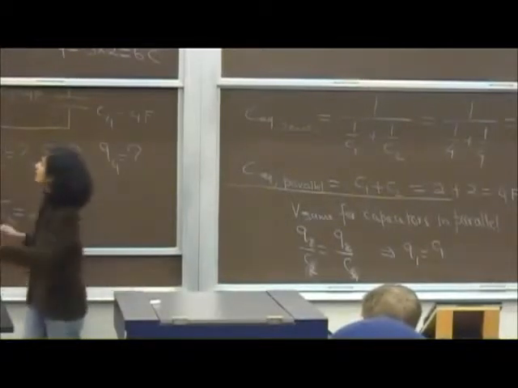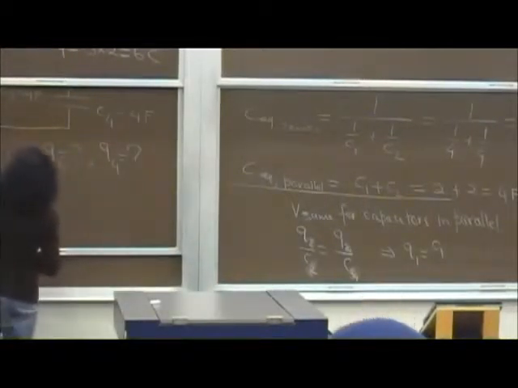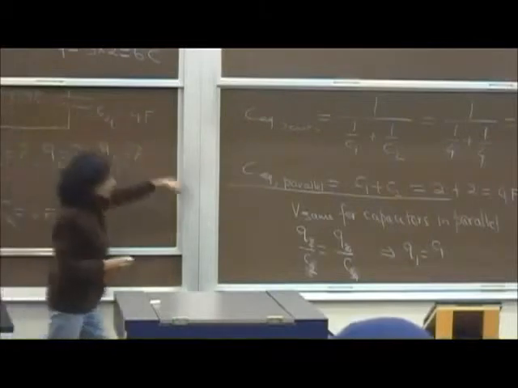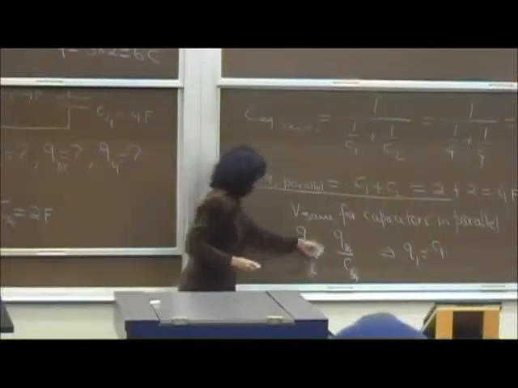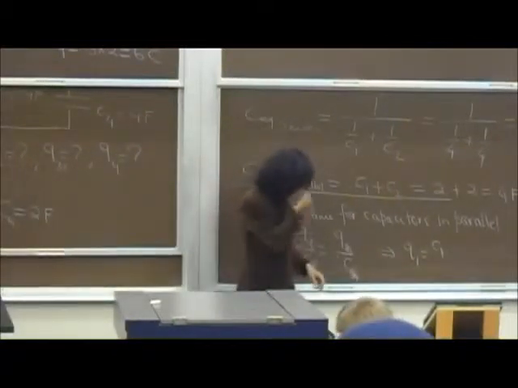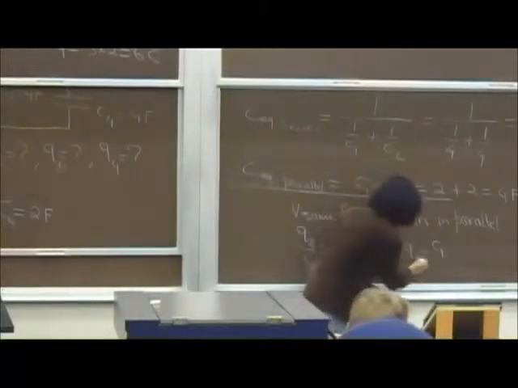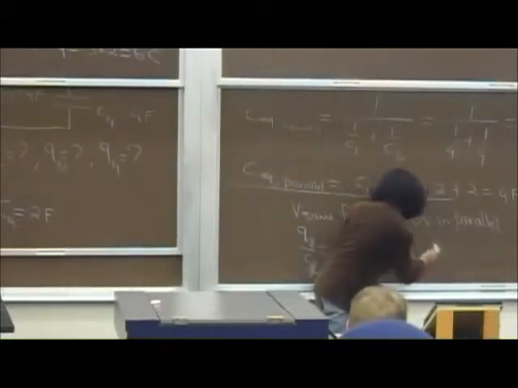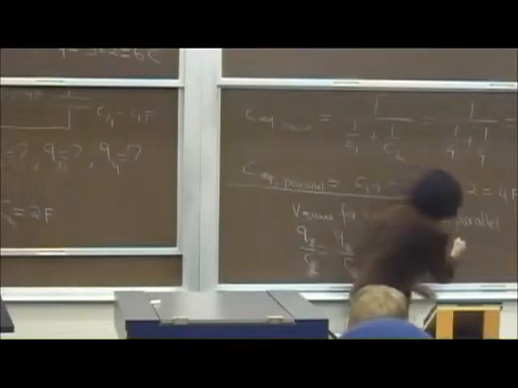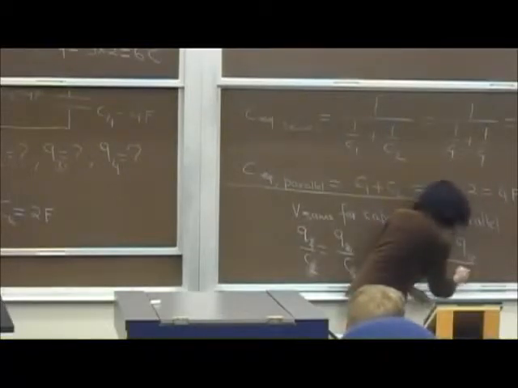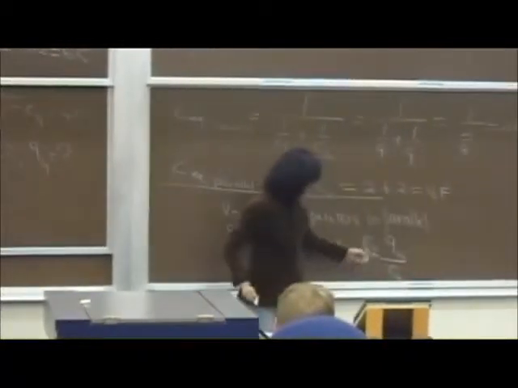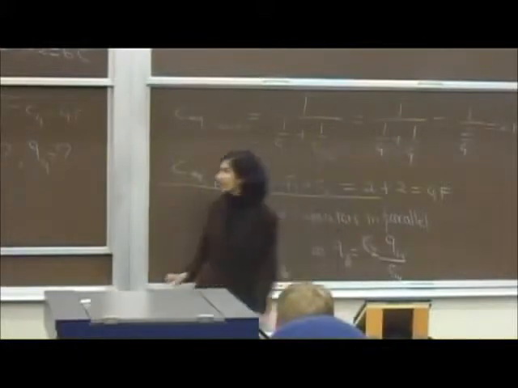When I wrote Q1 and Q2, I didn't want to confuse you with the names that I had chosen here. So the point is Q2 over C2 should be Q34 divided by C34, and this means that Q2 should be equal to C2 times Q34 divided by C34. In our case, C2 and C34 are both the same. They are both 2 farads, right?